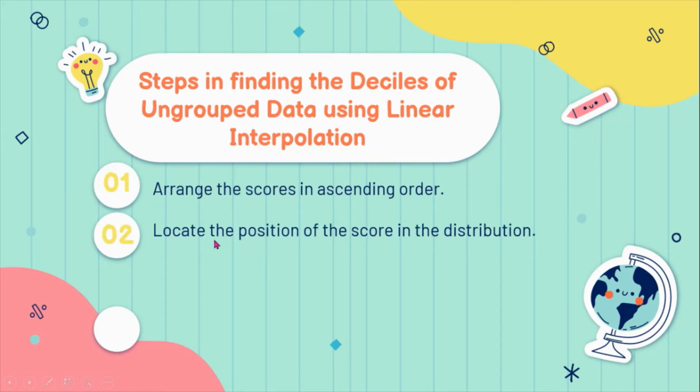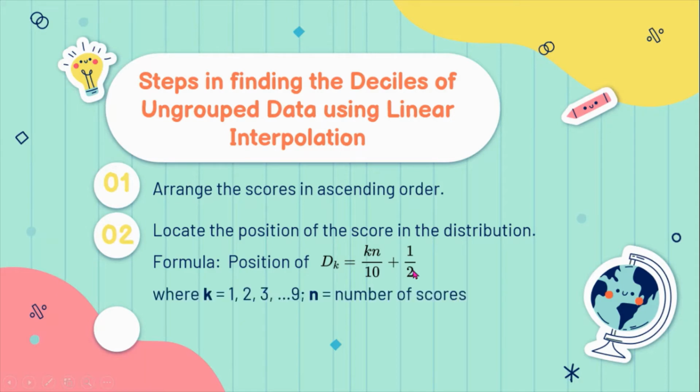Second, locate the position of the score in the distribution, using this formula: the position of the decile is equal to kn over 10 plus 1/2, where k is equal to 1 if you are looking for the first decile, k is equal to 2 if you are looking for the second decile, k is equal to 3 if you are looking for the third decile, and so on, and n is equal to the number of scores. And last step, interpolate the value.